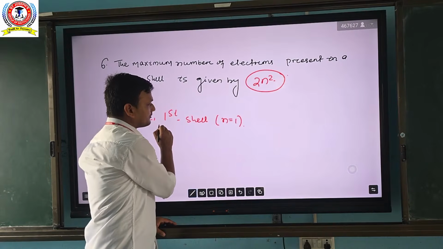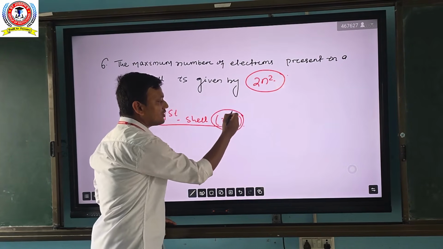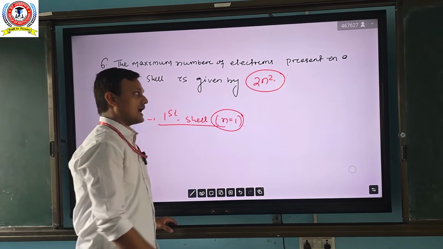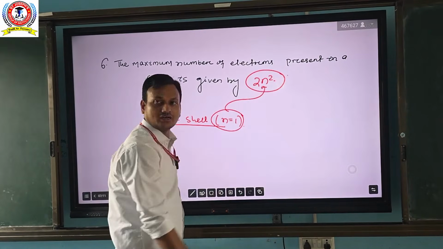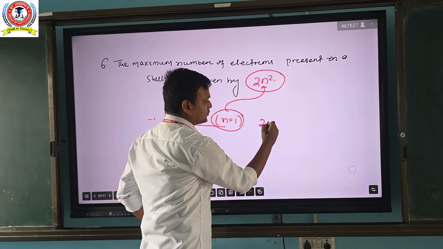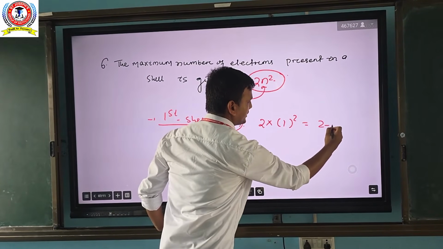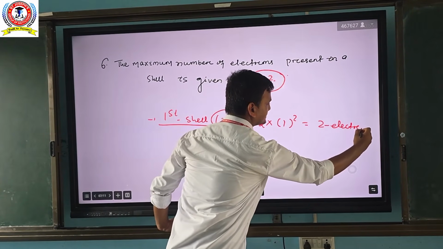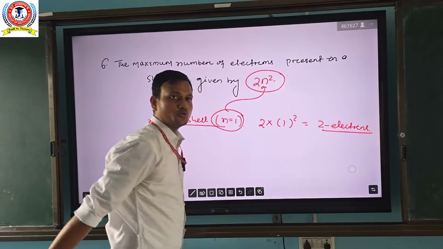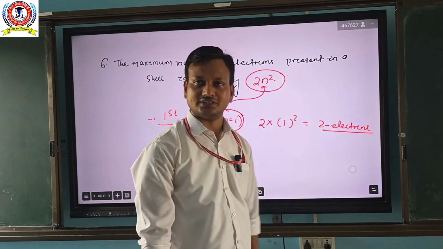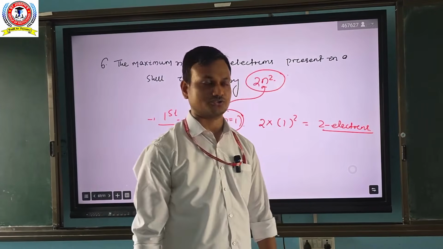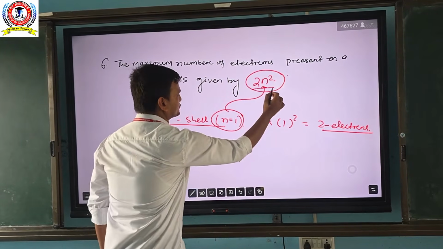When I say first shell, the value of n is equal to 1 and the formula is 2n square. In the first shell, 2 into 1 square, that means 2 electrons. That means in the first shell, only 2 electrons can be present, not more than 2 electrons. The formula is 2n square.